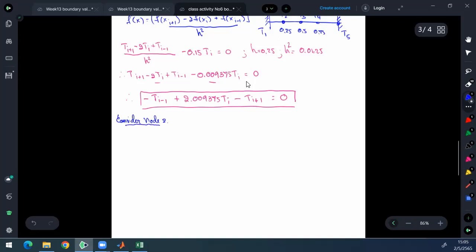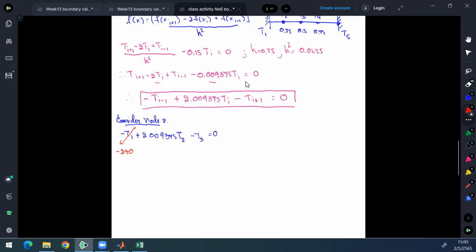For node number 2, it becomes minus t1 plus 2.009375 t2 minus t3 equal to 0. Then we substitute t1, which we already know from the boundary condition is equal to minus 240.